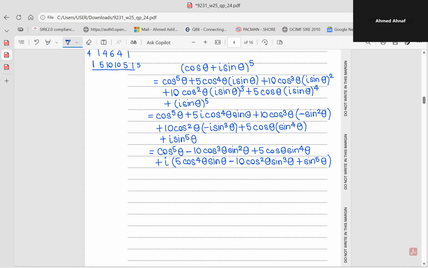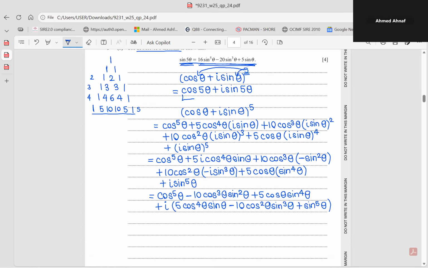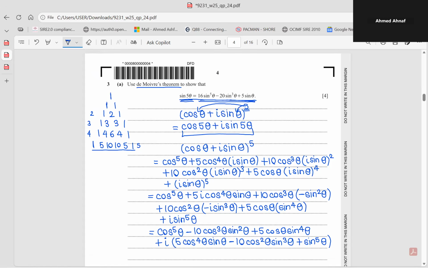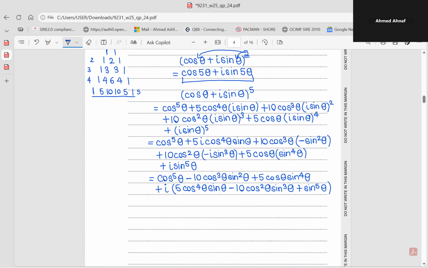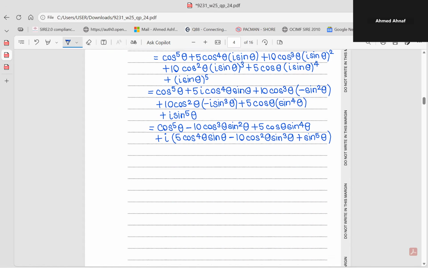And now we're going to equate the expression that we found using De Moivre's theorem and this expression using binomial. So since we're required to find sine 5 theta, we can see that sine 5 theta is in the imaginary part. Therefore, we're going to equate the imaginary parts of each of them to each other. Okay?